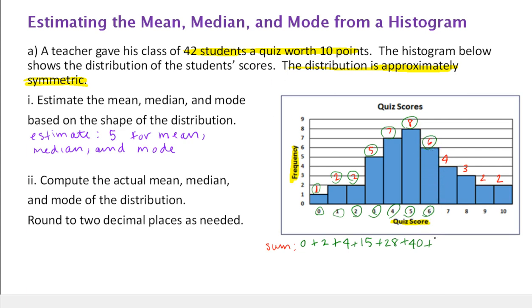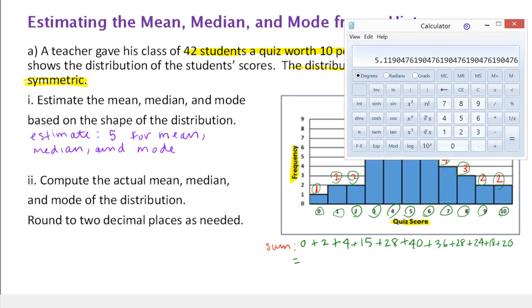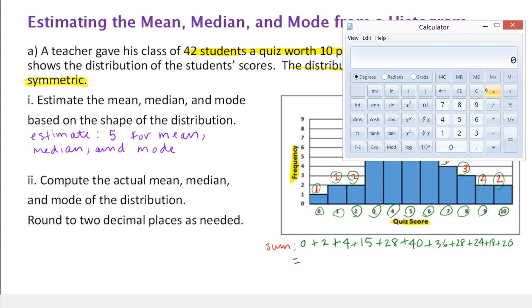6 times 6 is 36. 7 times 4 is 28. 8 times 3 is 24. 9 times 2 is 18. And 10 times 2 is 20. So these are the products for each quiz score and their frequency, and now we will add them up. Let's go ahead and use the calculator. So we have 0 plus 2 plus 4.